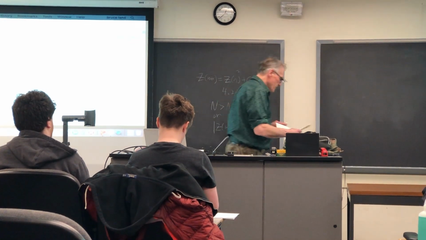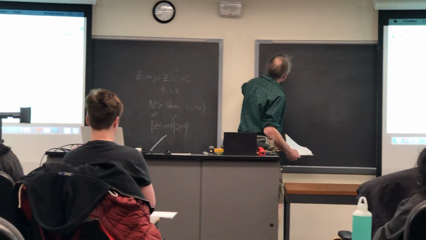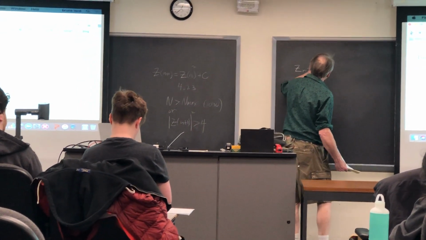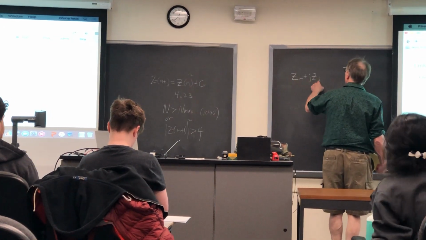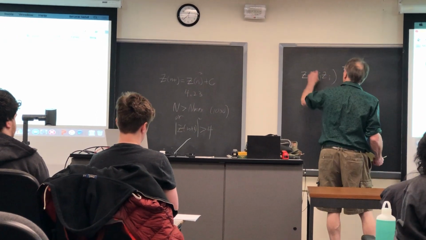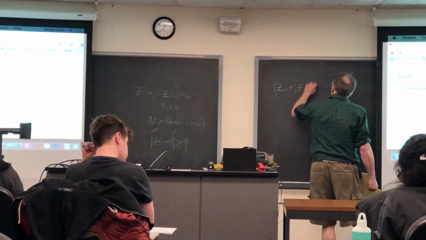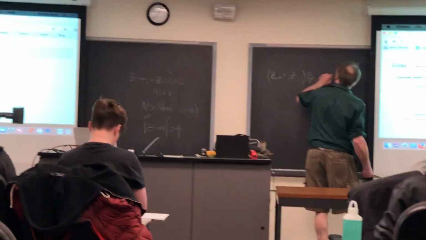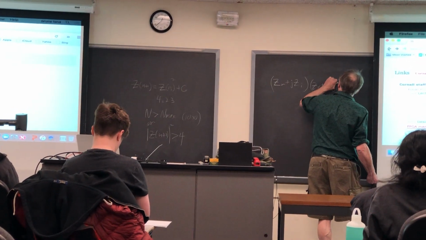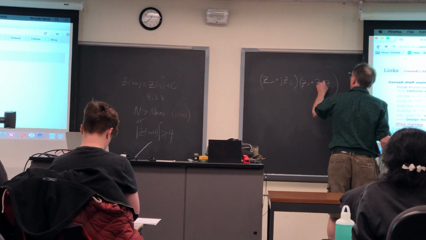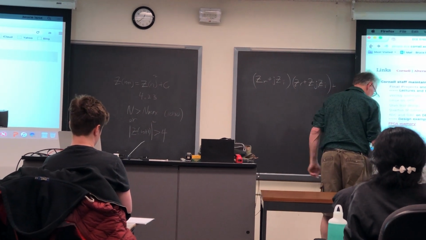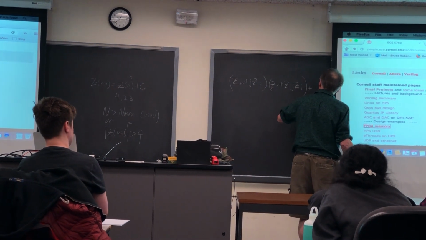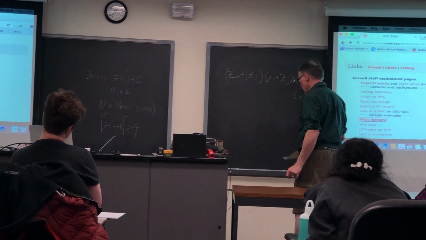Well, let's just write it out. Let's say we have Z real plus j times Z imaginary, where Z real and Z imaginary are both real numbers, times Z r plus j Z i, plus C r plus j C i.